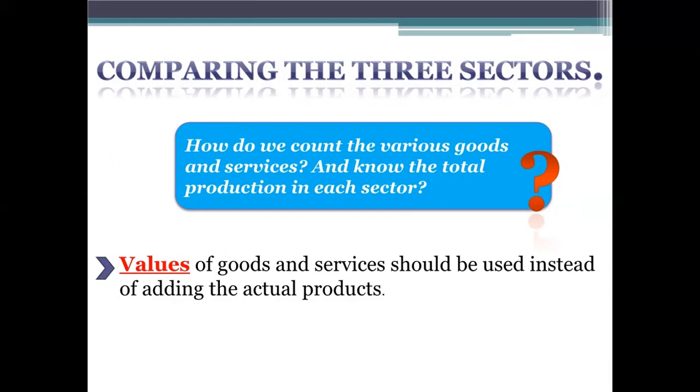For example, 10,000 kgs of wheat is sold at 7 rupees per kg. The value of wheat would be 70,000. And the value of 6,000 coconuts sold at 10 rupees per piece would be 60,000. So the value of goods and services in the three sectors are calculated and then added up.